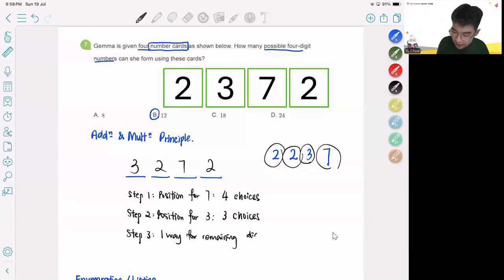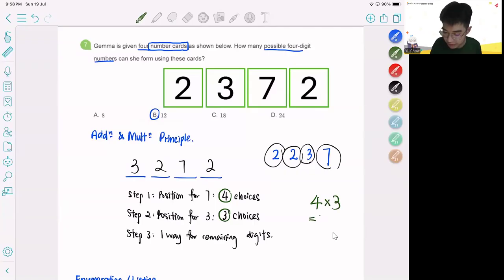So actually, your flexibility, your freedom in selecting the positions only come from the digits 7 and digit 3. You have 4 choices for the digit 7. And after selecting for the digit 7, the next thing you do, you select the place for digit 3. So choose for digit 7 and then for digit 3.